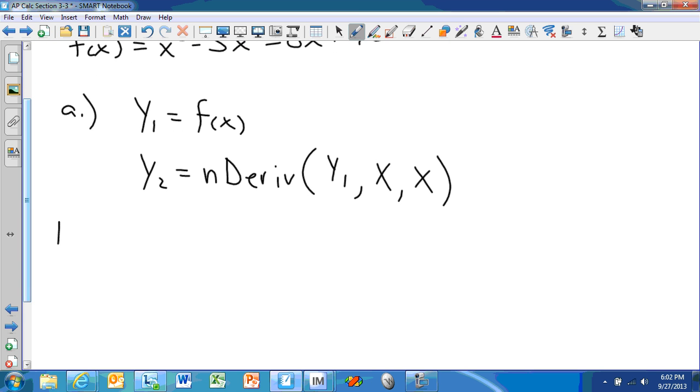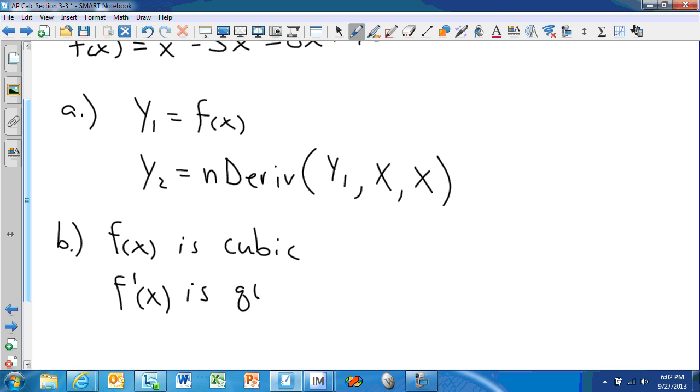Let's go ahead and write that down: for B, f of x is cubic, and f prime of x is quadratic. In terms of polynomials, that is, we started with a third-degree polynomial, a cubic function, and we ended up with a second-degree polynomial, a quadratic function. It appears like when we took the derivative there, we lost one in the degree of our polynomial. That is an interesting feature that we just noticed.